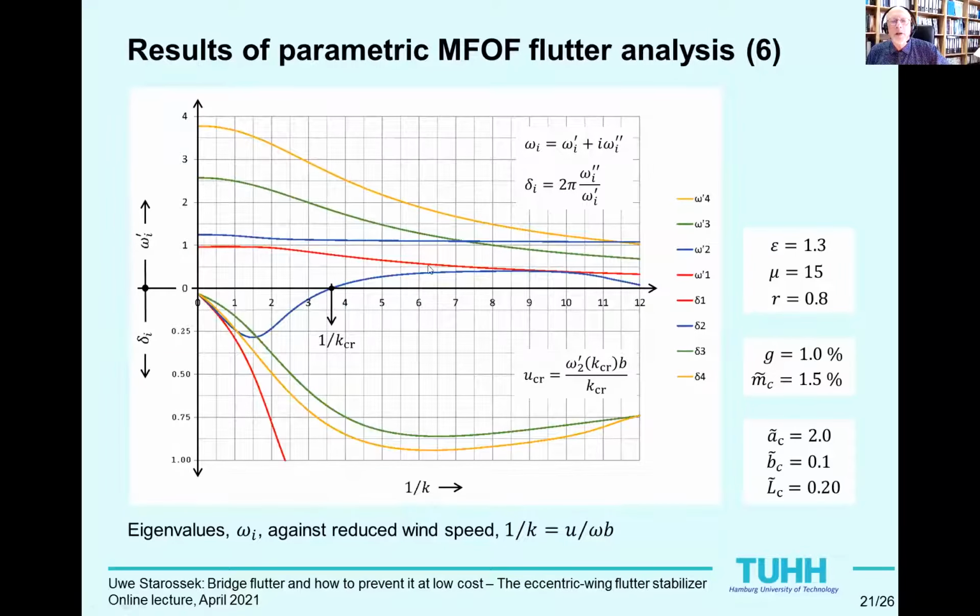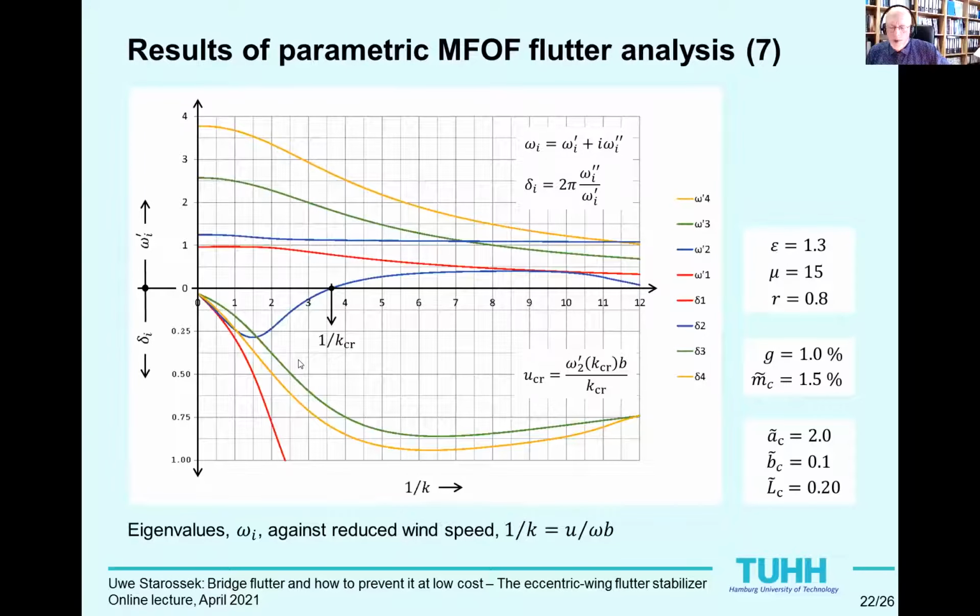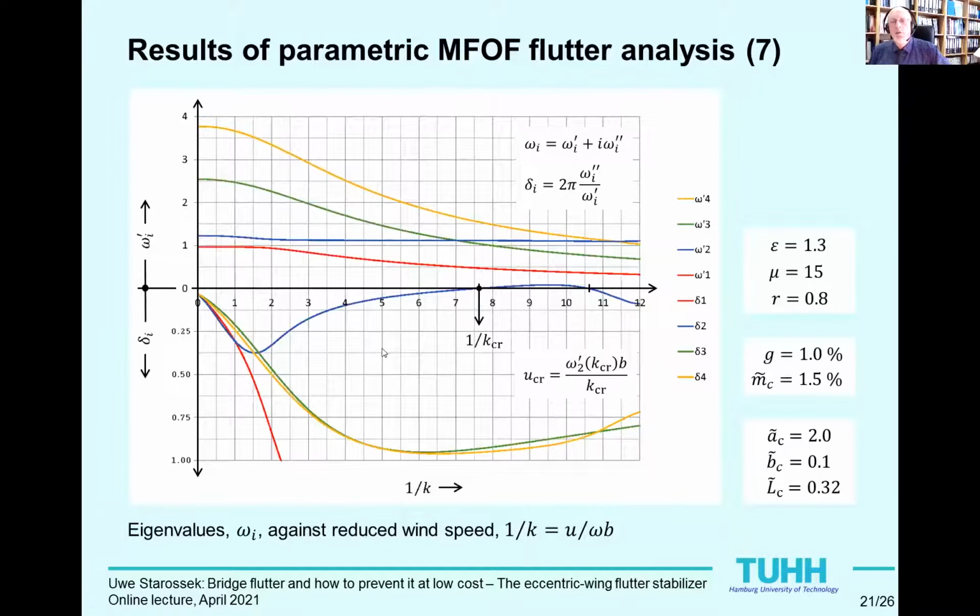A notable change, however, occurs in the damping branches. All 4 delta branches shift downwards to higher values. This is due to the higher aerodynamic damping provided by the longer wings.